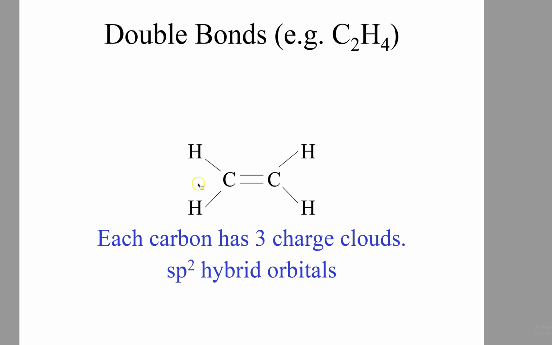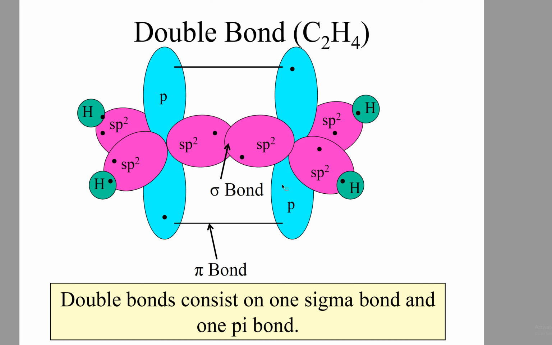These are called sp2 hybrids, which means every single time you have that carbon in there, you're going to have these three attachments. So carbon attaches itself to the carbon with an S and a P. Same thing with this carbon right here. It has sp2 hybrids, which means three charge clouds as well.